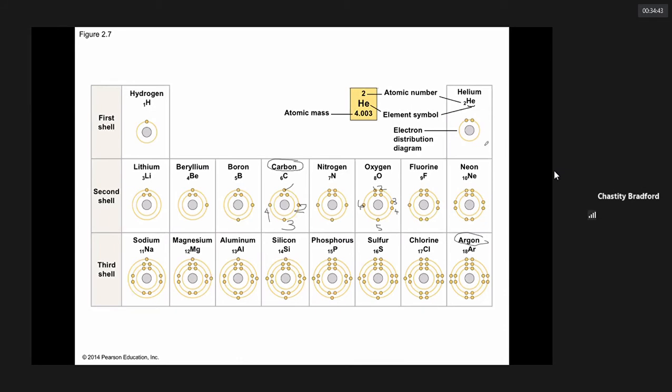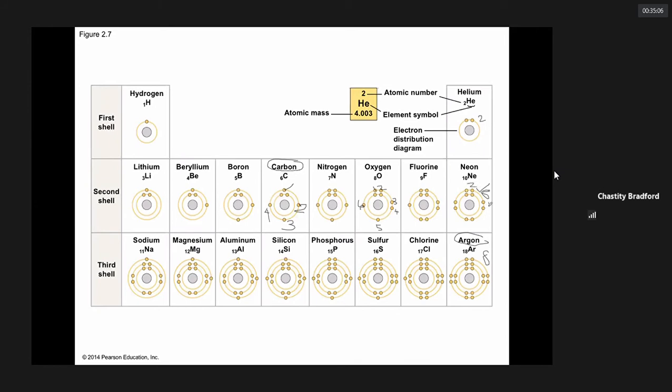The majority of these over here in this column, we consider inert gases, which means there's no impact on behavior because they have complete outer shells, right? 8. Helium has a complete shell too. It just has 2. Everybody agree?